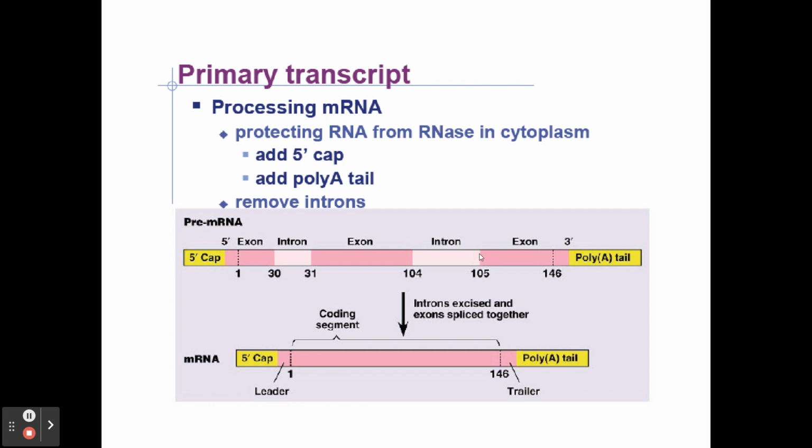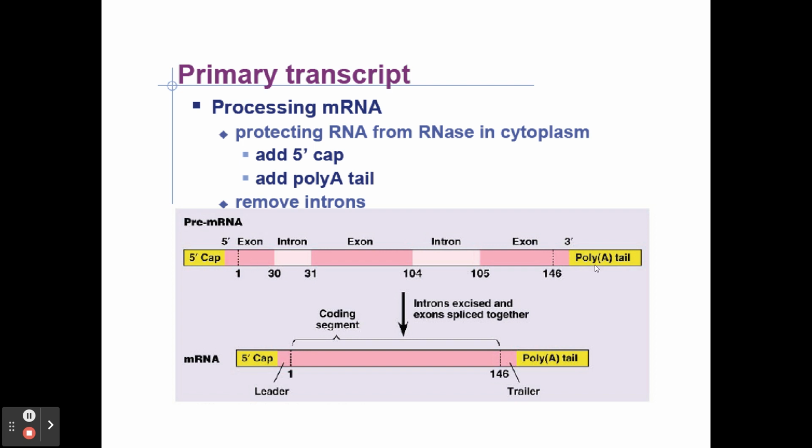So that primary transcript will consist of all the exons and introns. All right. And then other things have to be done: we have to remove those introns, and then we have to add a 5' cap, which is basically a modified guanine nucleotide with a bunch of phosphates on it.